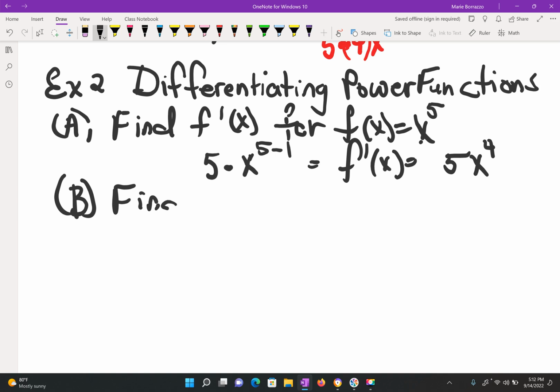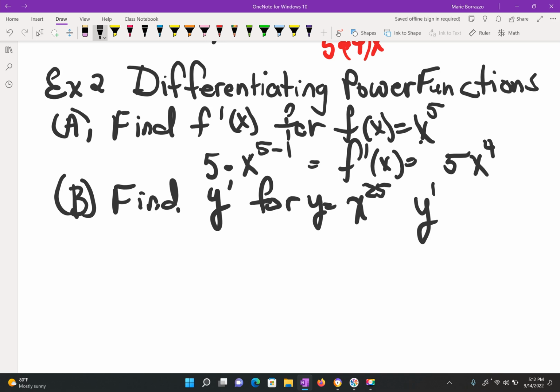So if it says find y prime for y equal to x to the 25th power, then your result for this would be what? Tell me. 25x to the power of 24. Yeah, 25x to the power of 24.